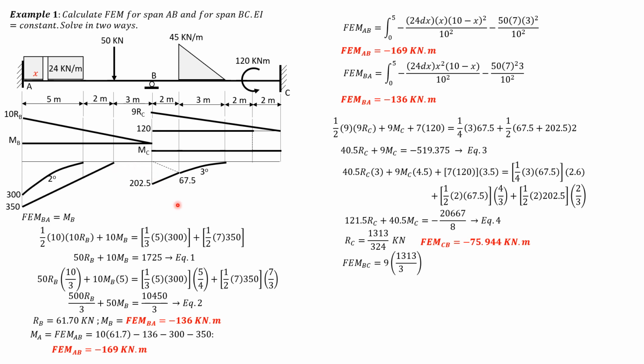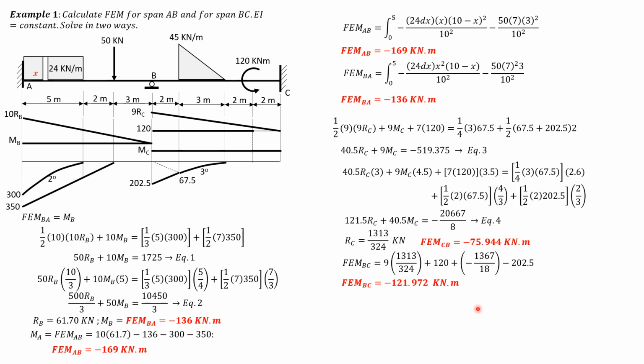So fixed end moment BC is 9 times R sub C, plus 120 plus M sub C, the fractional or exact value of M sub C is negative 1367 over 18. So that's that value there.